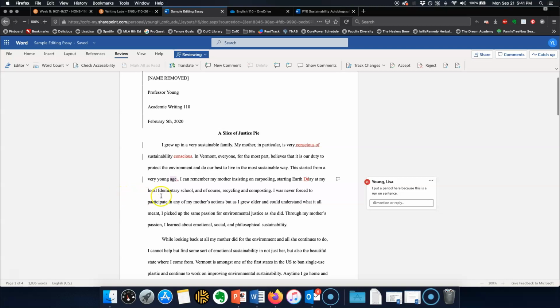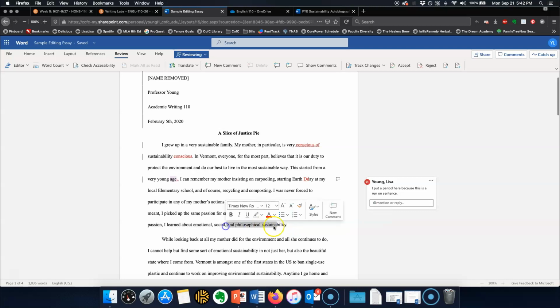Starting Earth Day at my local elementary school, and of course, recycling and composting. I was never forced to participate in any of my mother's actions, but as I grew older and could understand what it all meant, I picked up the same passion for environmental justice as she did. Through my mother's passion, I learned about emotional, social, and philosophical sustainability.